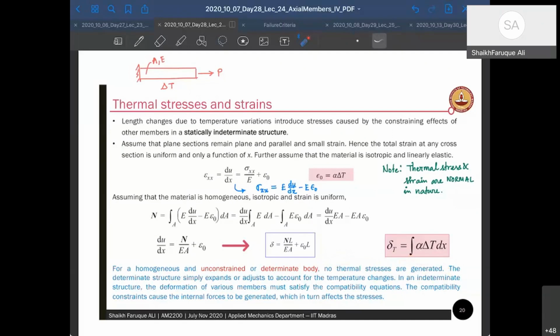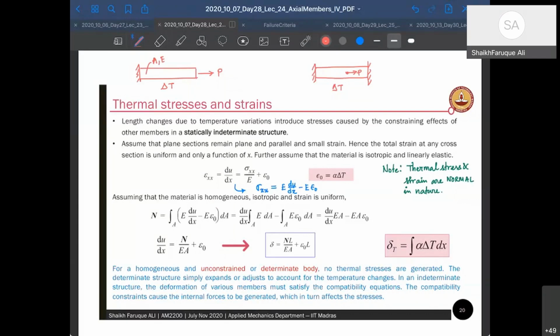So contrary to this, if I have this problem, and you have a delta T rise, and there is a P force somewhere, then obviously there will be a stress due to the temperature rise because the body is unable to extend, right? When it's unable to extend, the walls will put an external force.